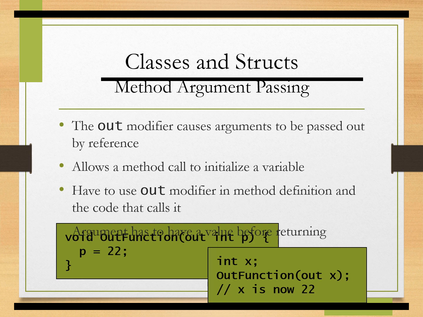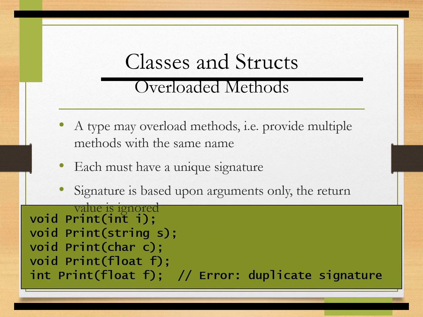So just see the out modifier. What's the out modifier? Like ref, out allows the method call to initialize a variable. You have to use the out modifier in the method definition and in the code that calls it. Void out function p equal to 22. So the output is 22.